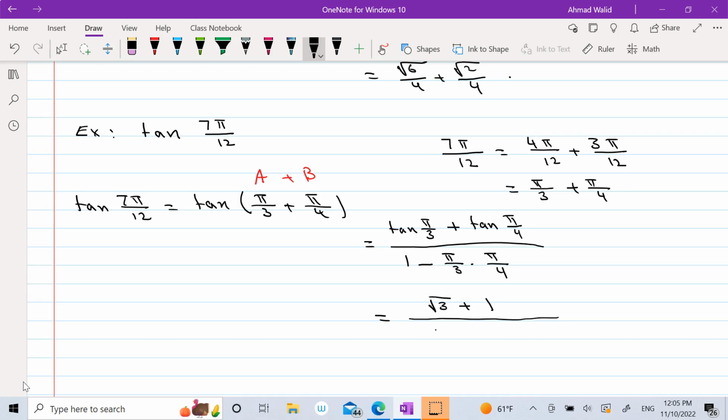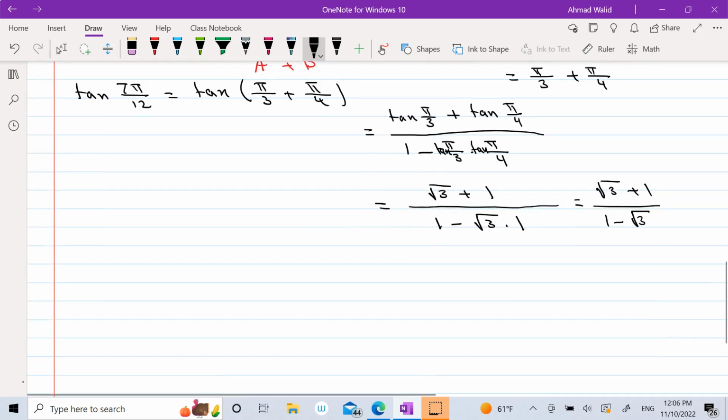Over 1 minus tangent of pi over 3, which again is radical 3, times tangent of pi over 4, which is 1. It means you will end up with radical 3 plus 1 over 1 minus radical 3.